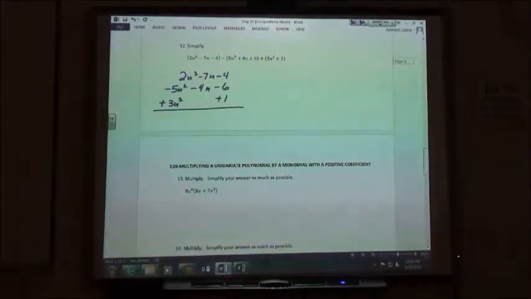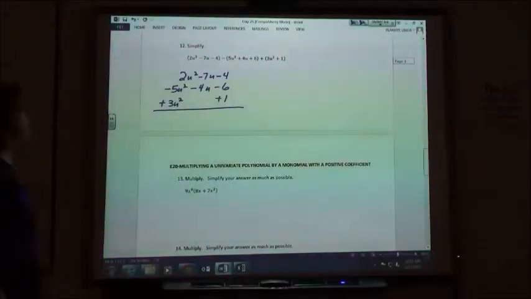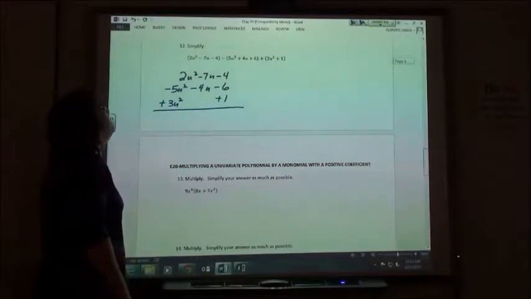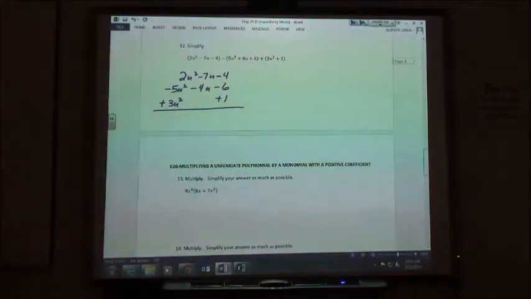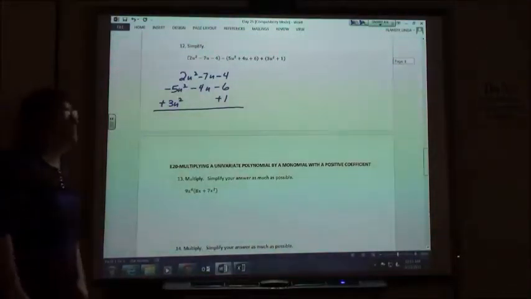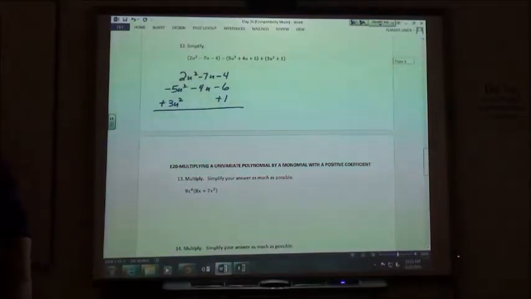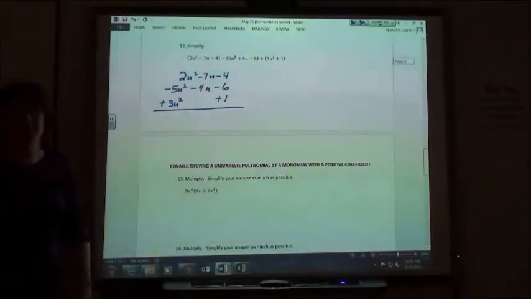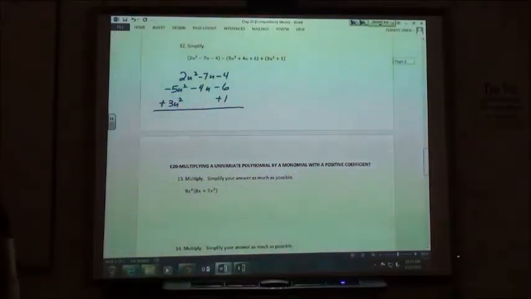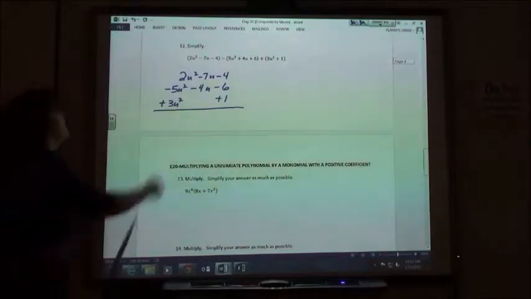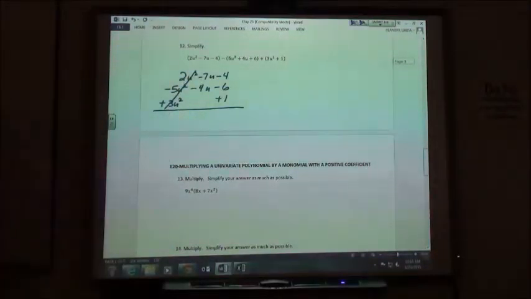And so if we add those together, 2u squared minus 5u squared plus 3u squared, u squared, no, because u squared is 1u squared, right? So it'd just be 0. It's just gone, right? Cancels out. So if you get 0, you just leave it off.